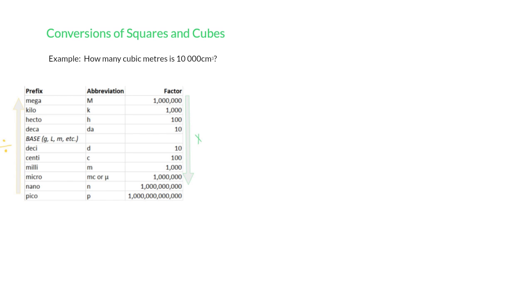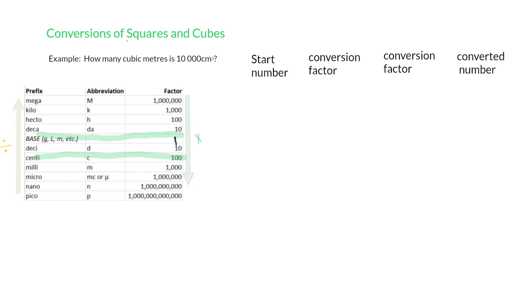So in this case, the two things I'm concerned with are centimeters and the base unit of meters. And remember, the base is just 1. So as before, we have the start number, the conversion factor, another conversion factor, because we're going between two units. And that's going to equal the converted number.